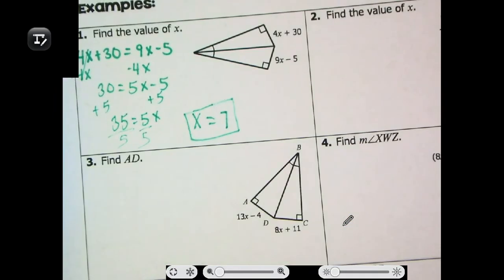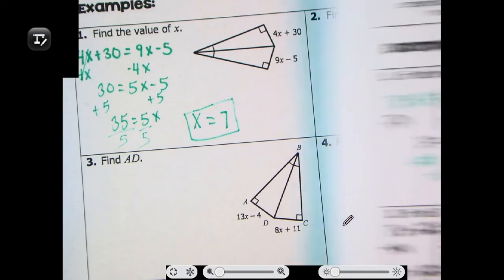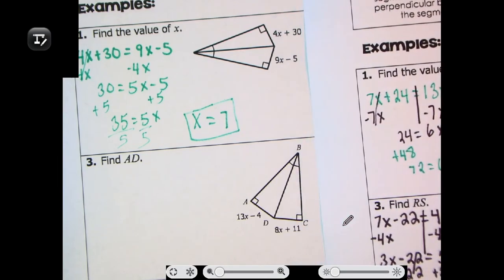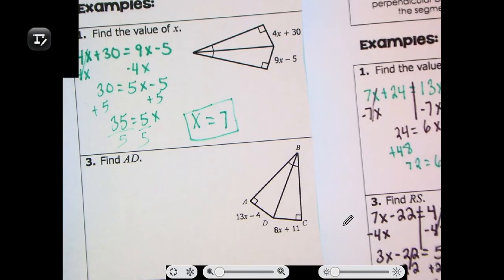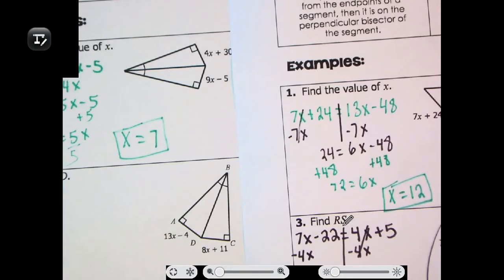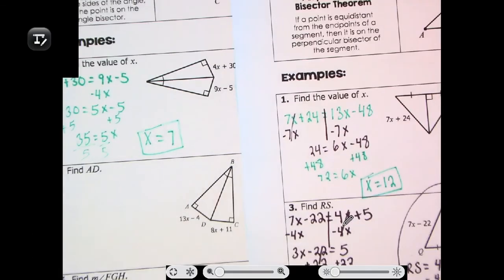Okay, so let's look at just the difference real quick in the images compared to perpendicular bisectors. Just to compare what we have, we're really looking at the angles.